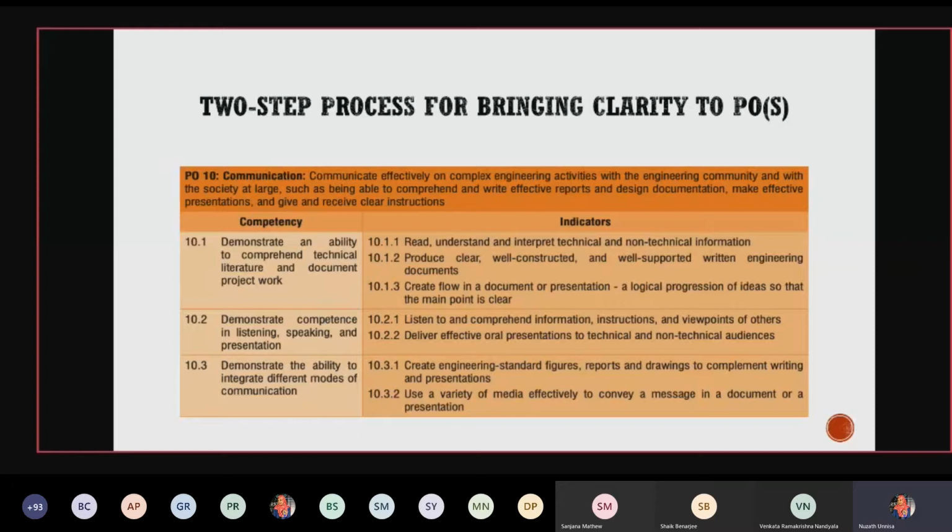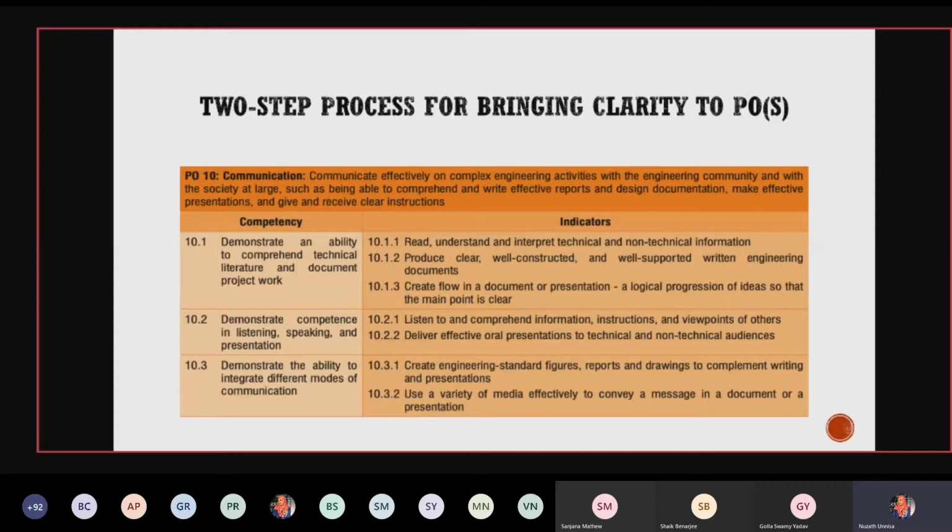Again, if you elaborate those competencies, they have their own performance indicators. When we talk about comprehending technical literature, 3 performance indicators come into the picture: read, write, and interpret, understand technical and non-technical information, and then produce clear, well-constructed and well-supported written engineering documents.